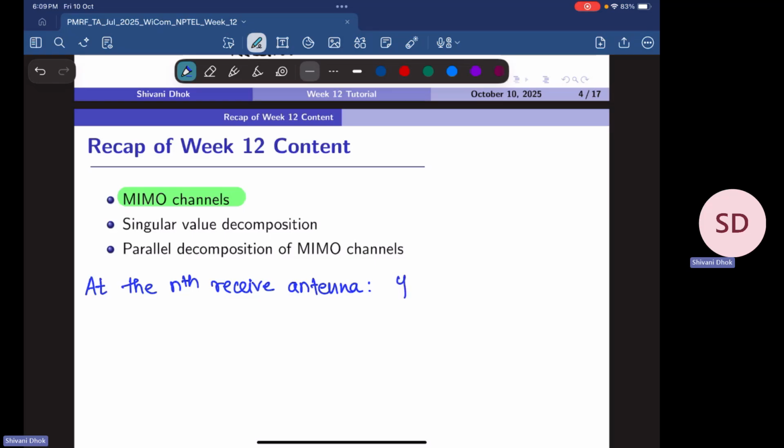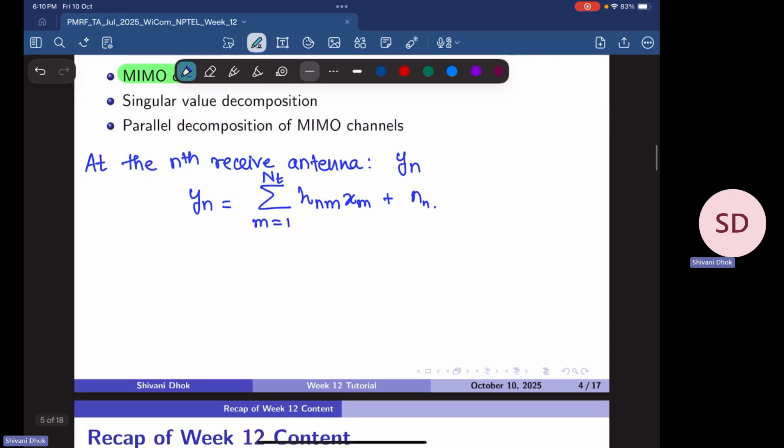We receive signal y_n, and y_n is given by the summation over m equal to 1 to NT, of H_nm times x_m, plus n_n. This is what you will be receiving at the nth receive antenna, and this is your AWGN noise.